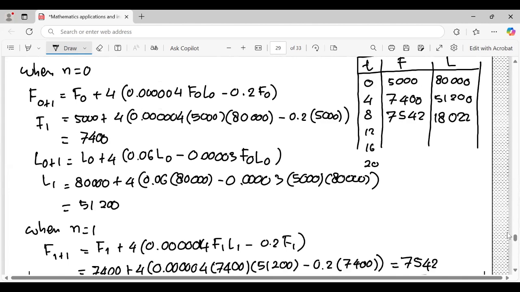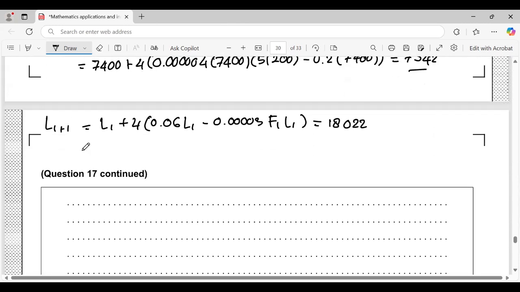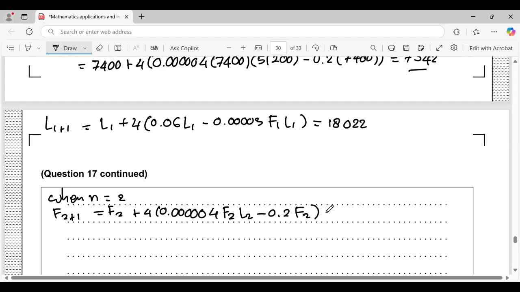When n equals 2, so F2 plus 1 is F2 plus 4 times (0.00004 F2 L2 minus 0.2 F2).